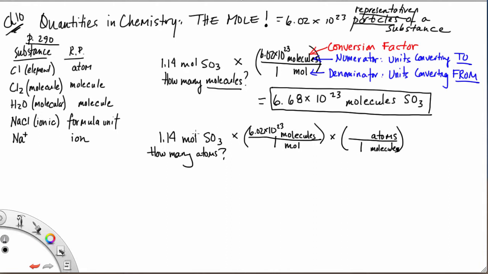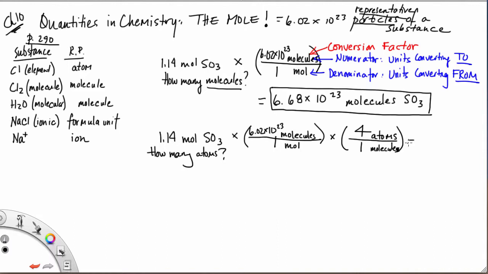Well, this is specific to the compound in the question, sulfur trioxide. There are 3 atoms of oxygen and 1 atom of sulfur for a total of 4 atoms in a molecule of sulfur trioxide. So we end up multiplying 1.14 times 6.02 times 10 to the 23rd times 4.